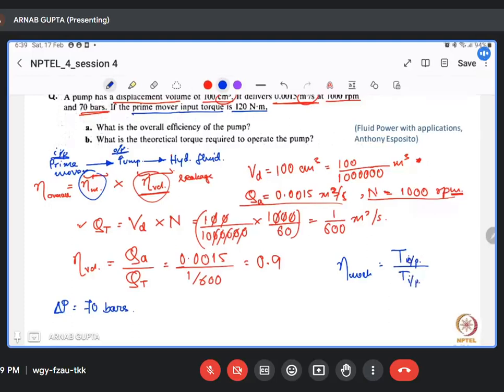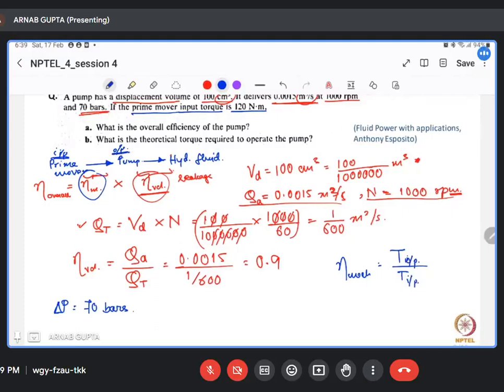So the torque that is available here for the pump to rotate, divided by the actual input that the prime mover is delivering to the pump. In between that, you have this efficiency term coming up due to different frictional losses and inertial losses. So how to find it? You are being given this particular term here. This is nothing but 120 Newton meter.